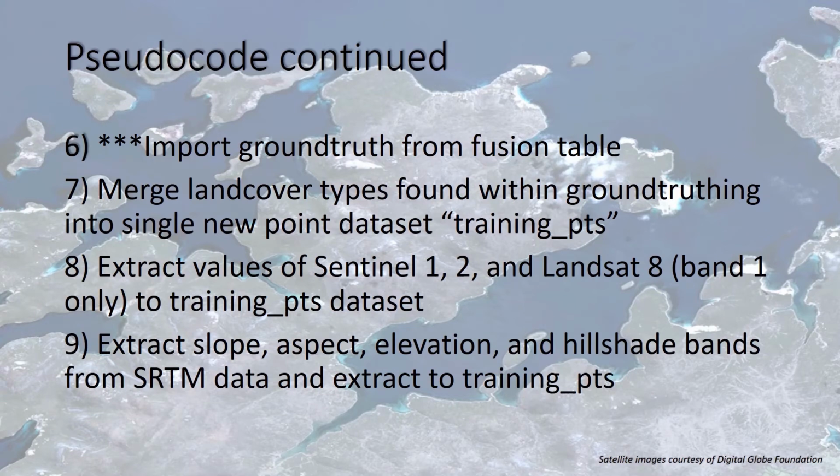Now what I'm going to do is have the script examine all the different image sources that we're pulling into the script, and go to each one of the ground truthing sites.